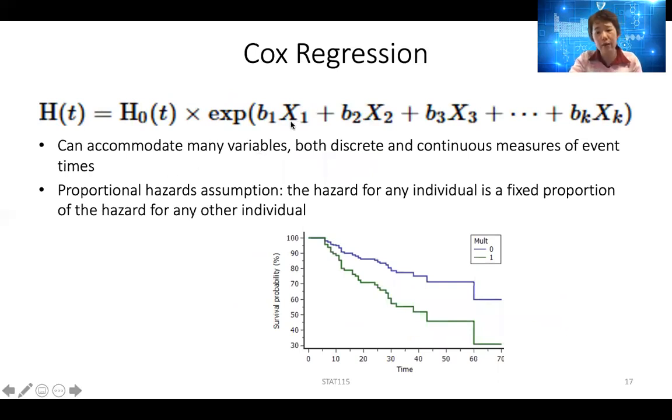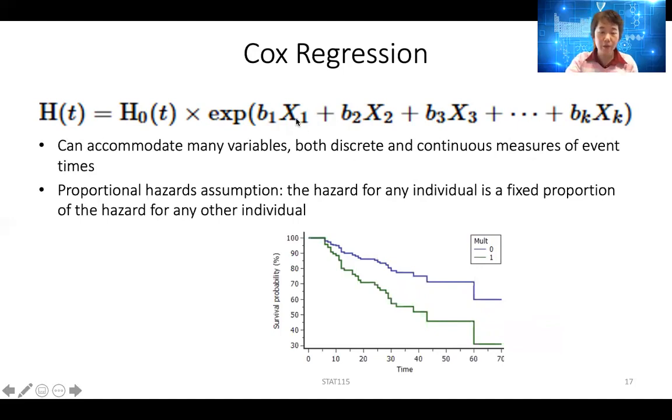You could look at, for example, expression of some genes. We could consider one variable as patient age. You are wondering whether the patient age makes a difference. You are wondering at the time of diagnosis, whether the tumor stage makes a difference. You are wondering whether the gender makes a difference, whether smoking makes a difference, right?